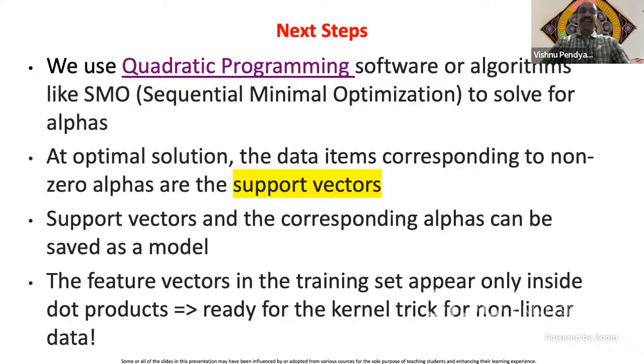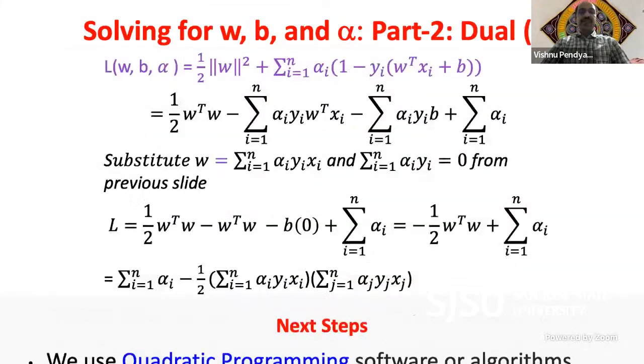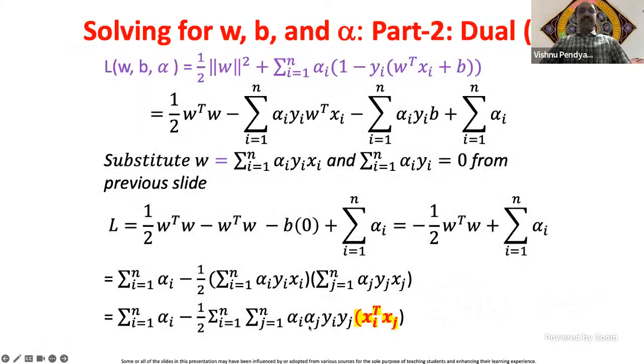Remember our KKT conditions. So in the previous slide, for all the i's and j's for which alphas are non-zero, those xi comma yi and xj comma yj will be support vectors. All other alphas will be zero from the KKT conditions, right?